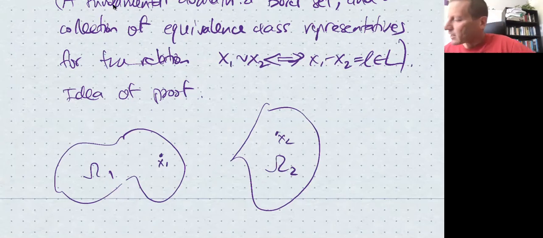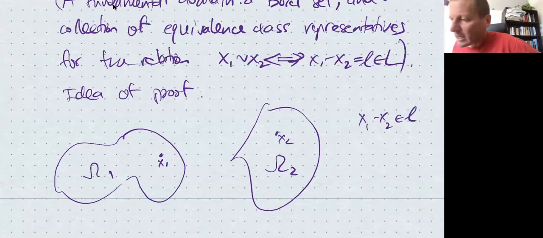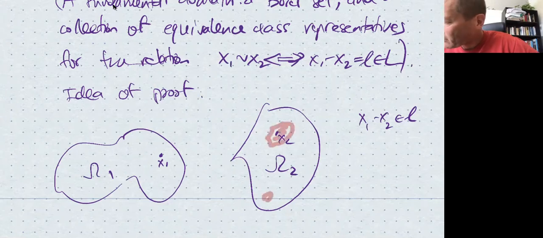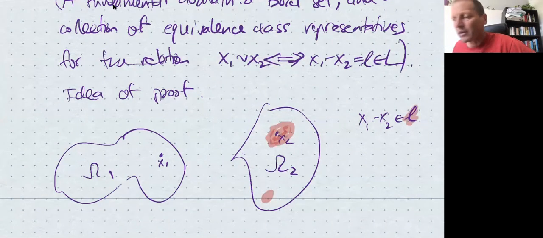So that means that x1 minus x2 is an element of the lattice, say L. And what I'm going to do now is partition omega 2 into subsets according to the value of this L. There are countably many possible L's, so there are countably many pieces in this partition. So maybe all of the elements in this particular pinkish color are related to this particular L.